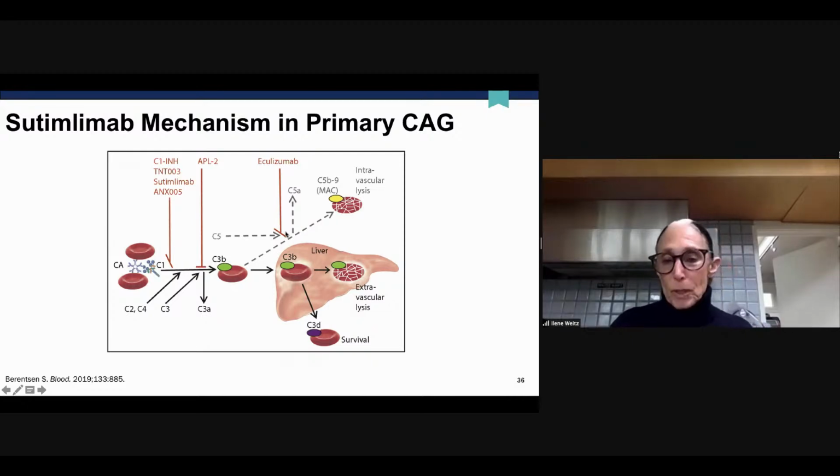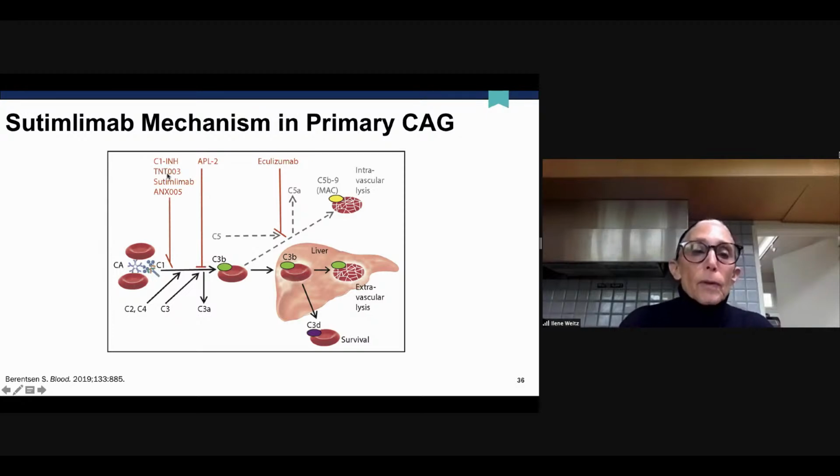Again, I think it's not as effective as working higher up in the system. APL2, I don't think they've looked at this in cold agglutinin disease. I believe there's an ongoing trial in autoimmune hemolytic anemia. And it is a C3 inhibitor, a small molecule C3 inhibitor.